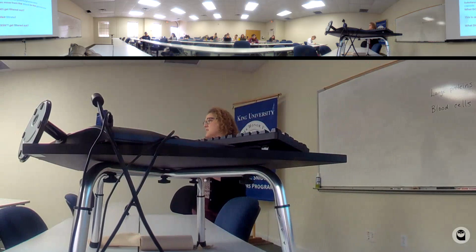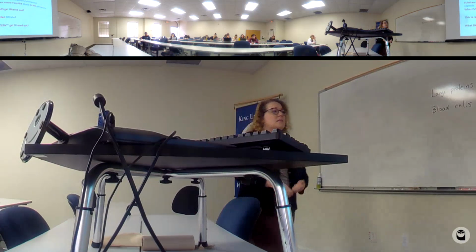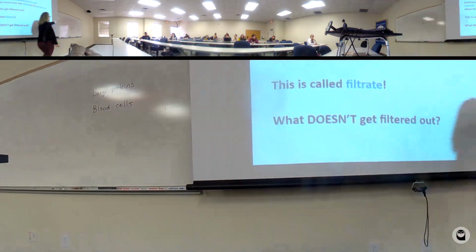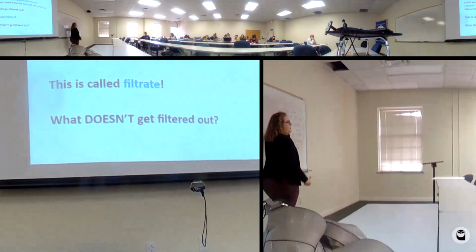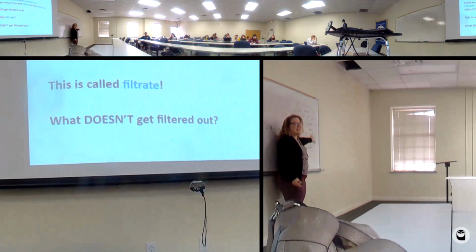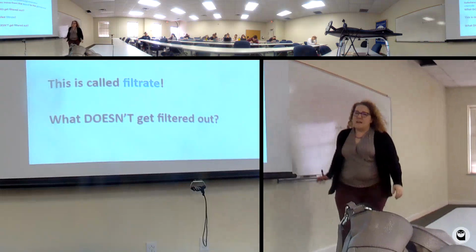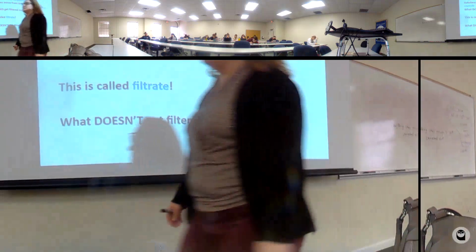They're too big. So those would stay in. So this stuff that comes out, we now call this filtrate. And the filtrate is kind of like blood plasma and the things dissolved in it. But that has now gotten pushed into the tubule system.